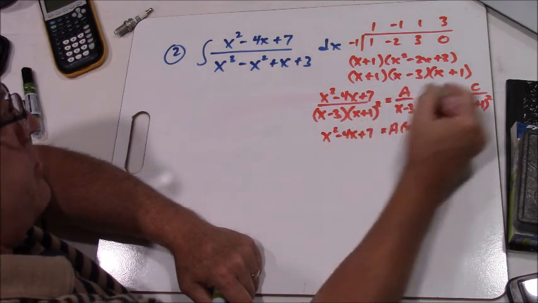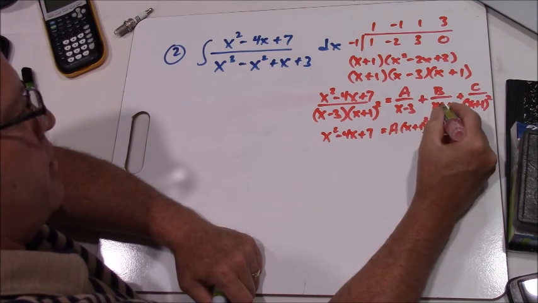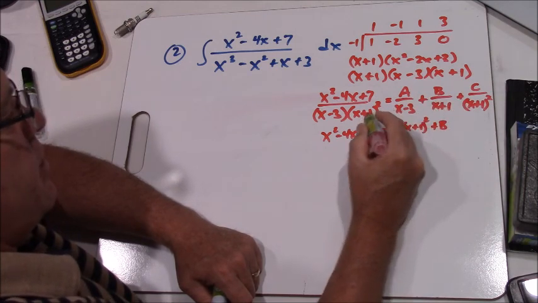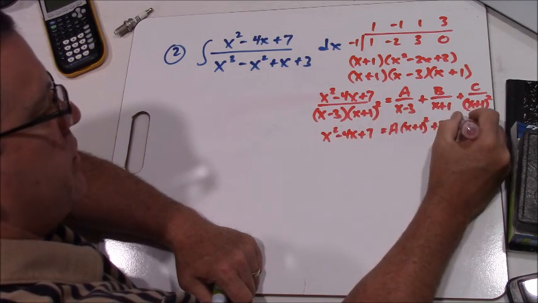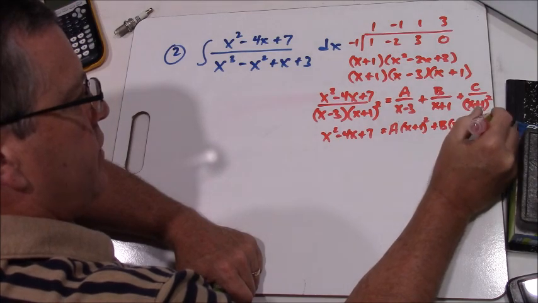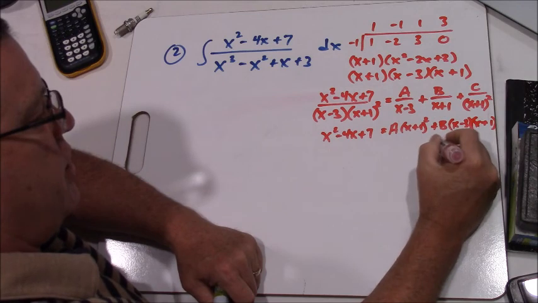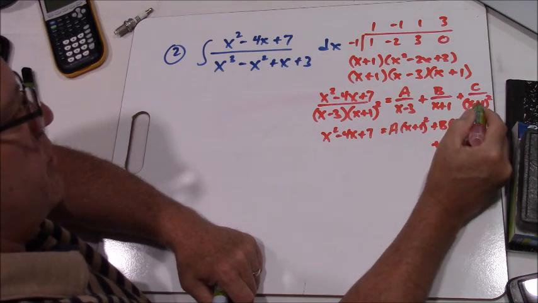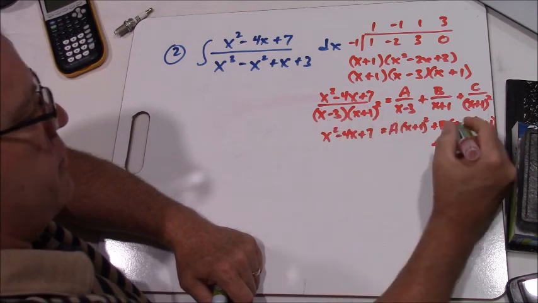Next to B, an x plus 1 will cancel, but I'll still have one of those left with an x minus 3, so x minus 3 times x plus 1. And for C, the x plus 1 squares will cancel, and I'll have just this x minus 3 left.